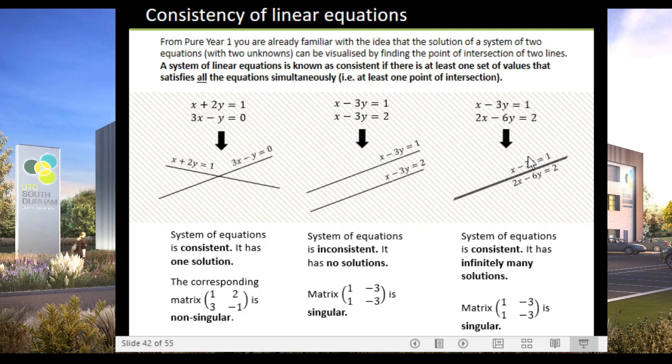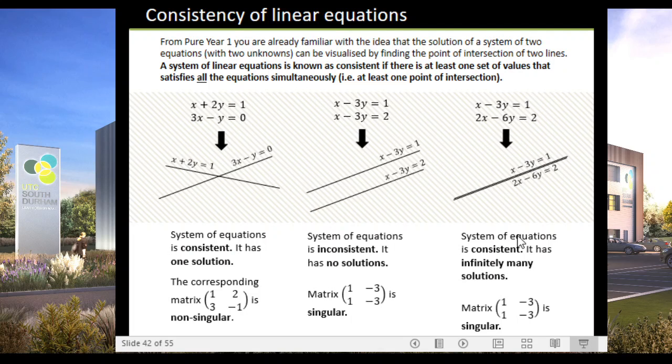Final situation in 2 dimensions, we could have that x minus 3y equals 1 and 2x minus 6y equals 2. By inspection, you can see the second equation is a multiple of the first equation. That means these are both representing the same line. So any x, y coordinates on the first line also satisfy the second line.